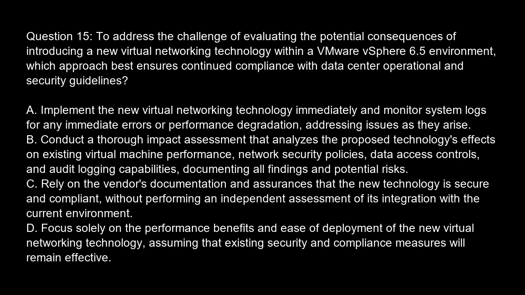Option B. Conduct a thorough impact assessment that analyzes the proposed technology's effects on existing virtual machine performance, network security policies, data access controls, and audit logging capabilities, documenting all findings and potential risks. Option C. Rely on the vendor's documentation and assurances that the new technology is secure and compliant, without performing an independent assessment of its integration with the current environment. Option D. Focus solely on the performance benefits and ease of deployment of the new virtual networking technology, assuming that existing security and compliance measures will remain effective.